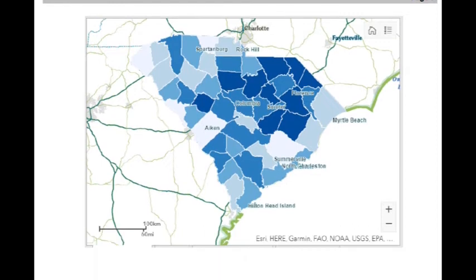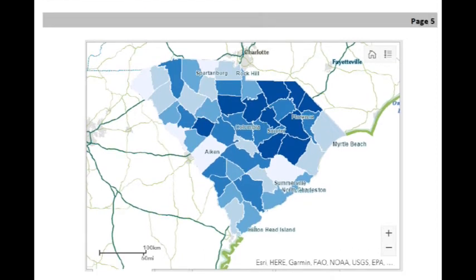On page 5, there's a map of South Carolina which shows by county the cumulative infection rate. The darker blue the county, the higher the rate. As you can see, our service area is in the middle of the highest affected area in the state.